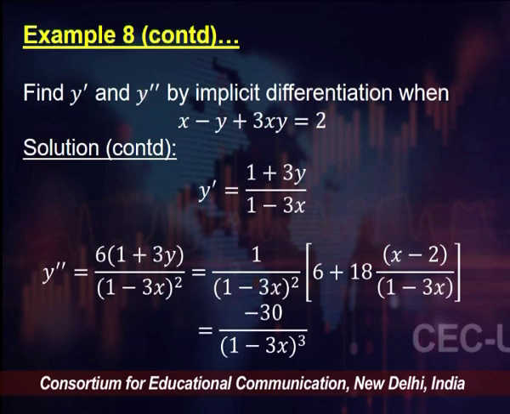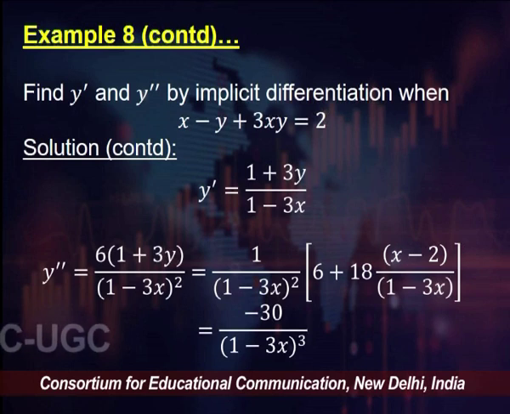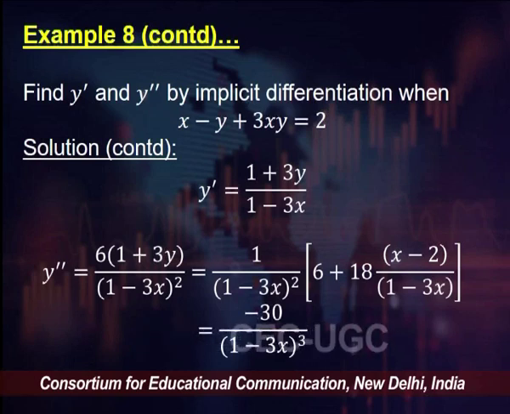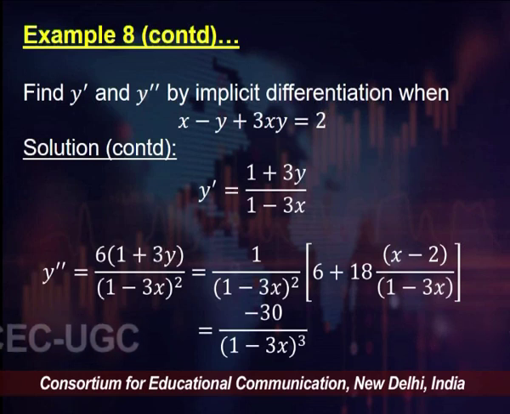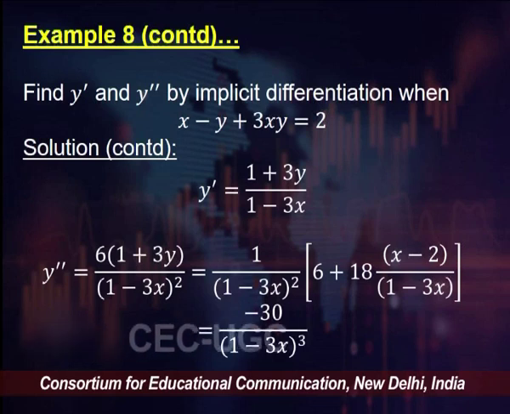It may well be that you have a function which is defined implicitly as a function of x by a particular equation, but you always have the method of implicit differentiation to be able to solve for the derivative.